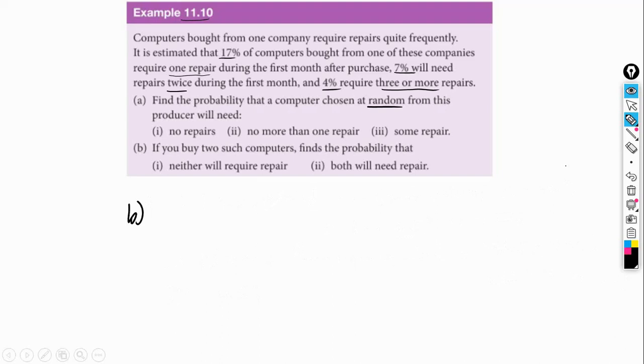For part B, it says if you buy 2 such computers, find the probability that 1, neither will require repair. So remember that we found that the probability of no repair is 0.72. Now, notice that repairs on the 2 computers are independent from one another, so the multiplication rule can be used.